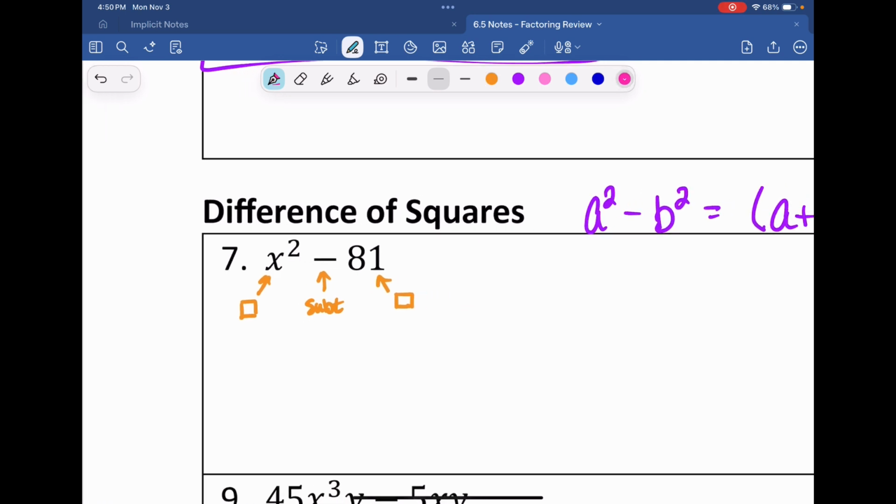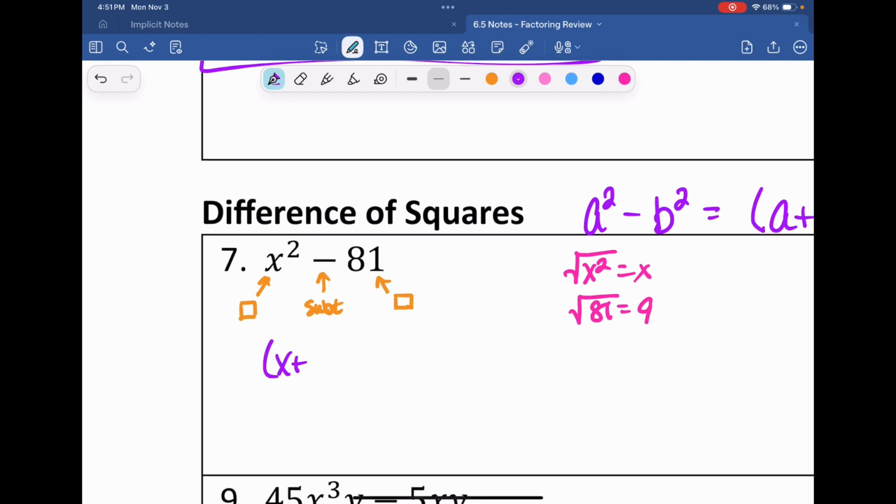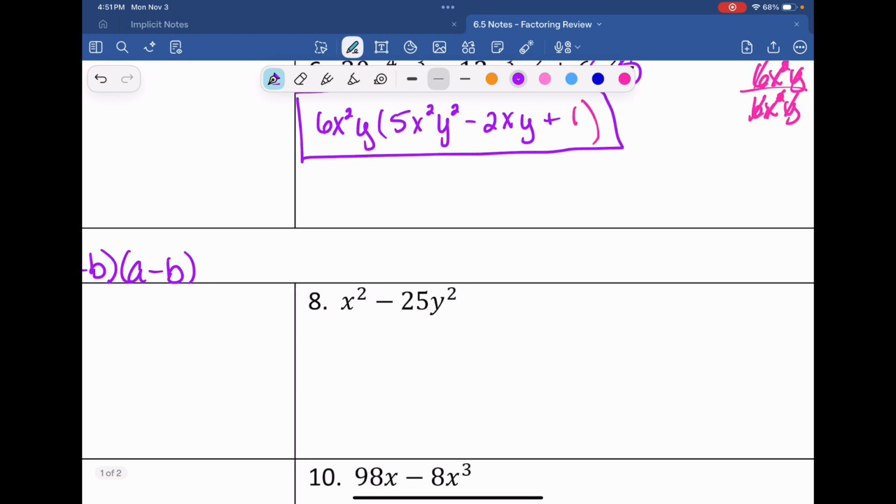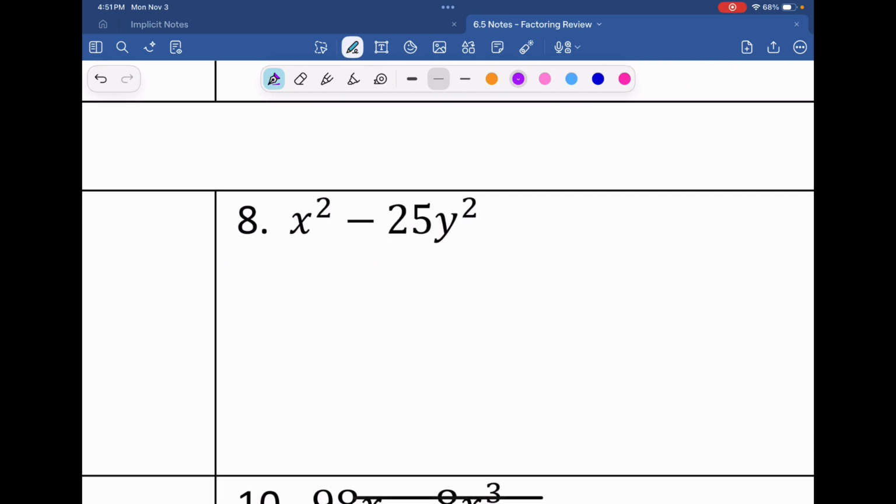Take the roots. And we add and subtract. No GCF here. We've got a subtraction sign.